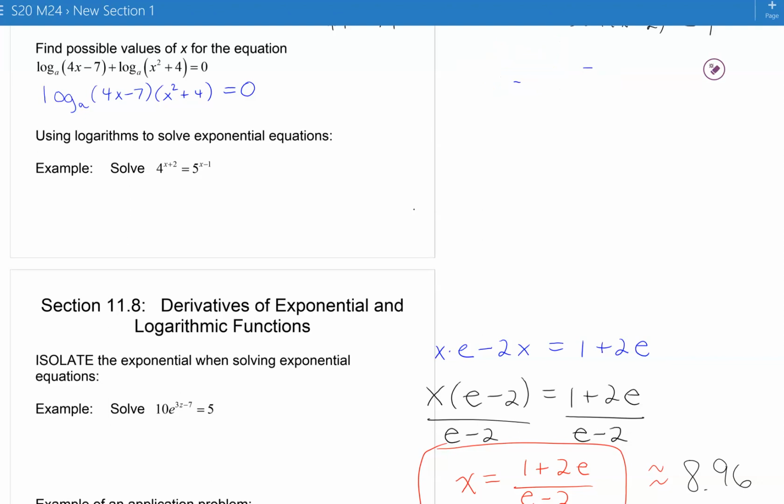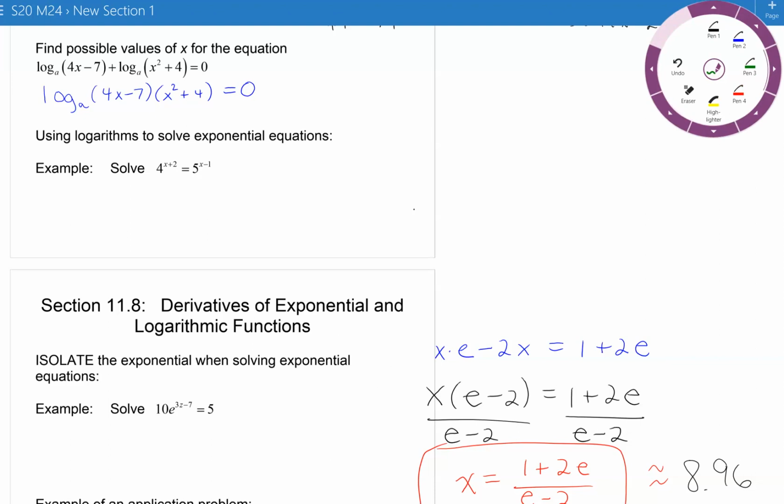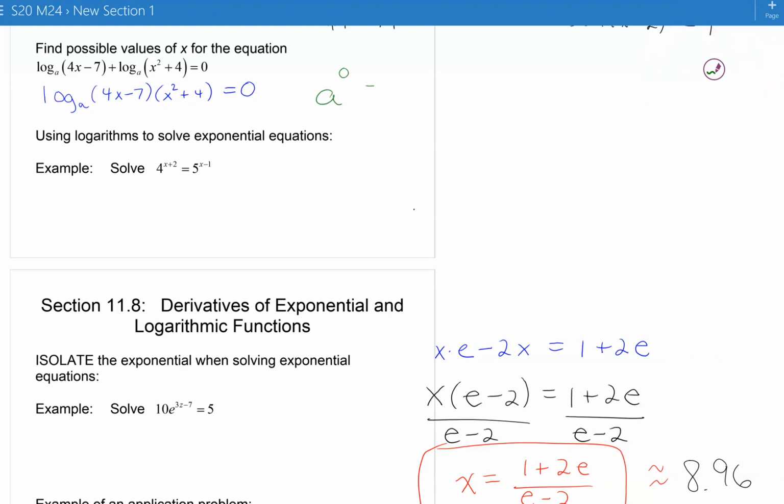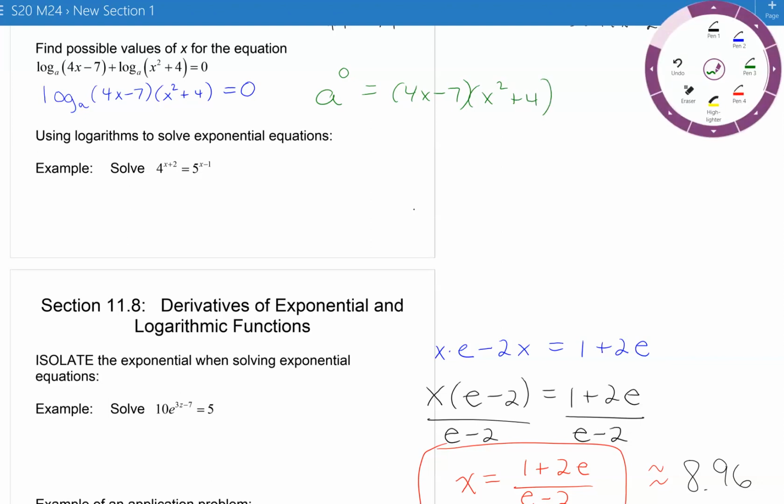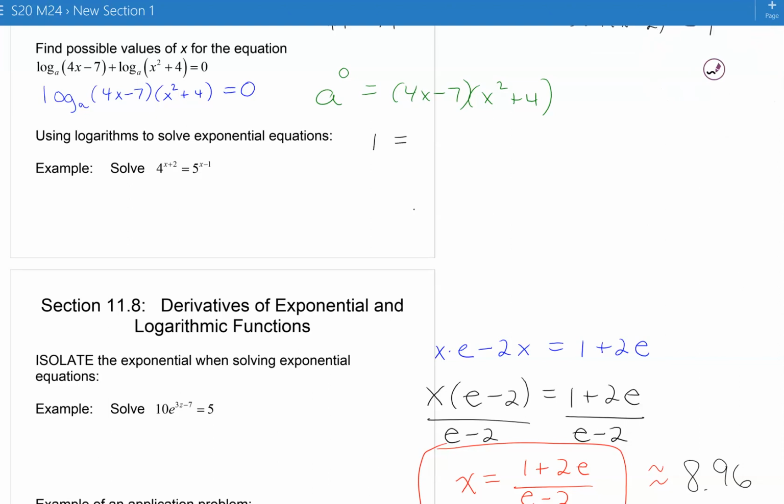So when I write this in exponential form, it's going to look like a to the 0 equals 4x minus 7 times x squared plus 4. Well, a to the 0 is 1. So I'll have 1 equals 4x cubed plus 16x minus 7x squared minus 28.